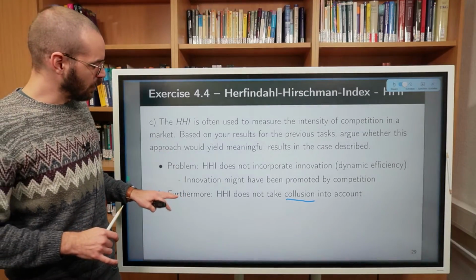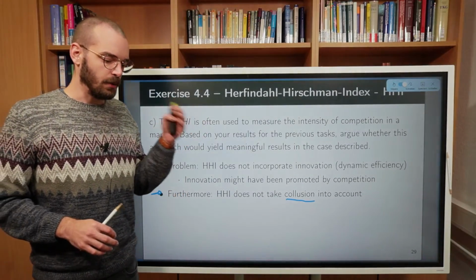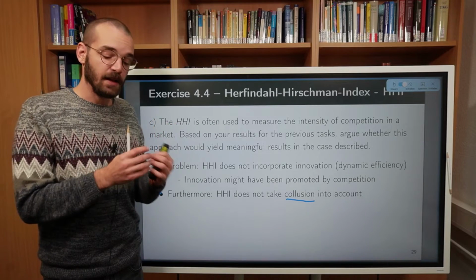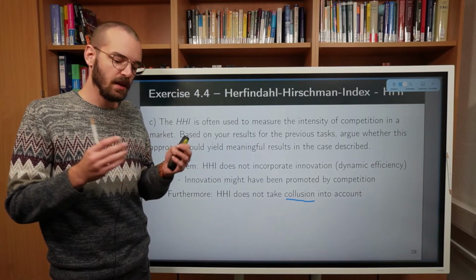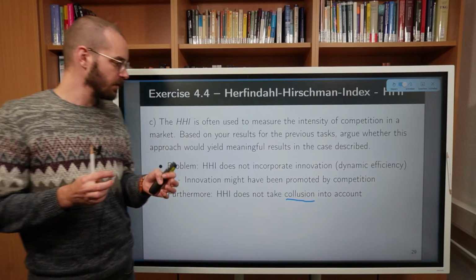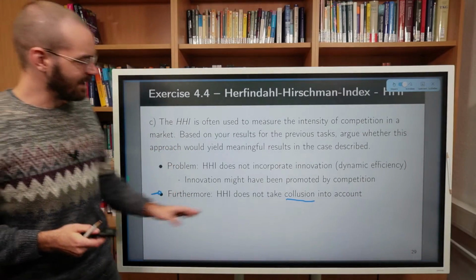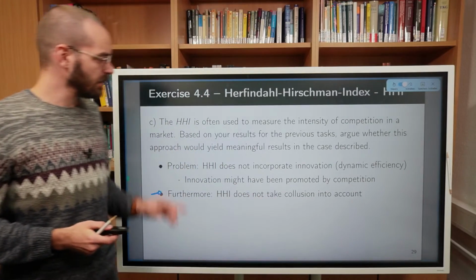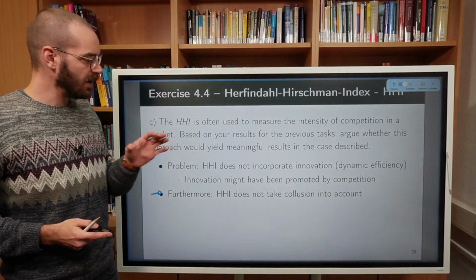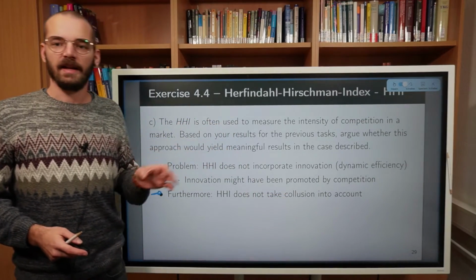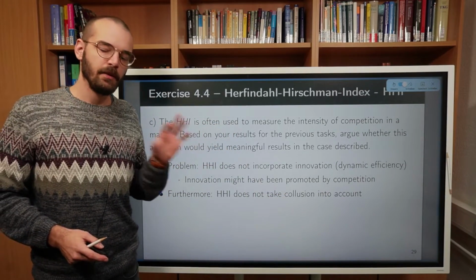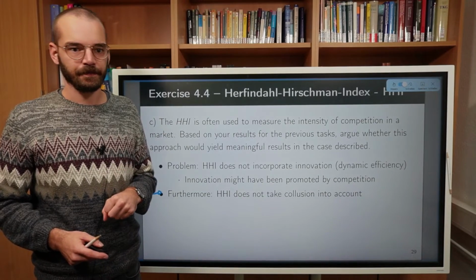But basically what I can already tell you, and again, we will discuss this in detail in future assignments, so don't be too confused at this moment, is that collusion is more likely in markets where firms are of similar size.